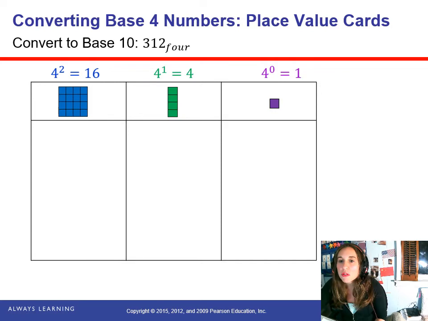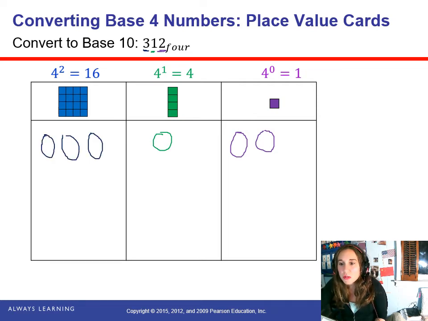So if I look at the number 312, I see that I have a 2 in the units place, so I'm just going to draw 2 circles, okay? And moving over, I see I have a 1 in my next place value, so I'm just going to draw 1 circle here. And then moving over again, I see I have a 3 in the next place value, so 1, 2, 3 circles would go here, okay?